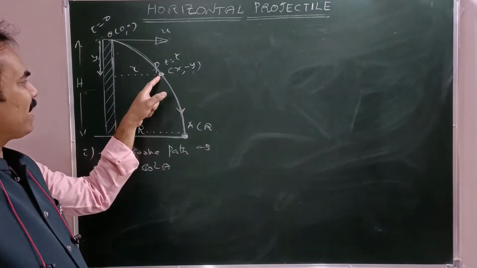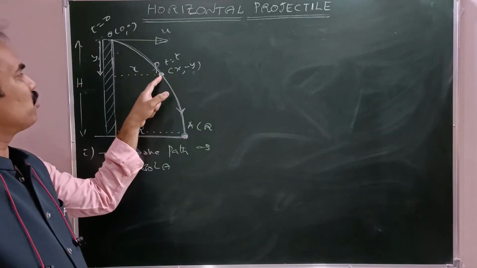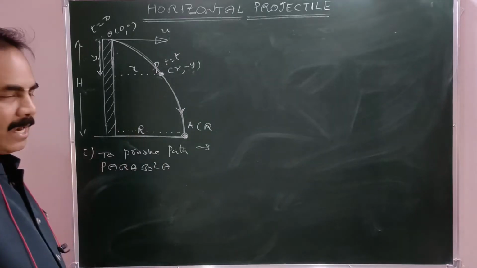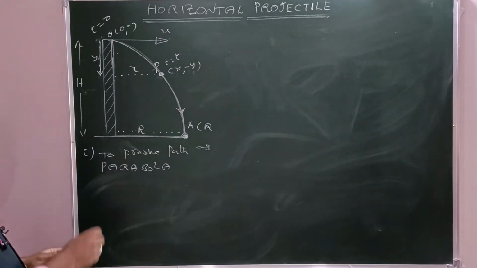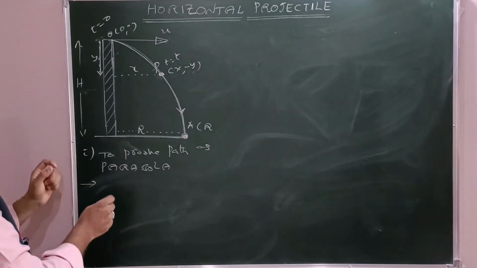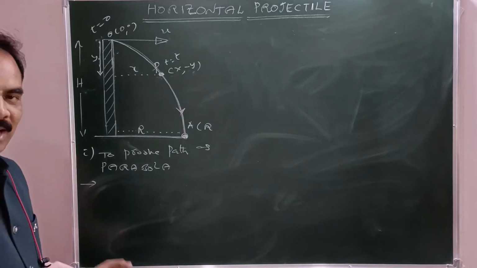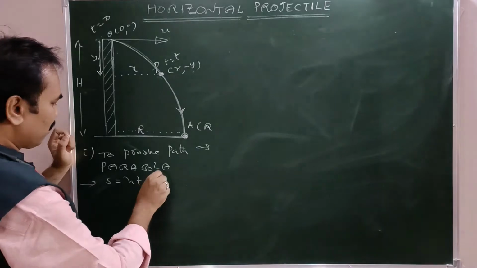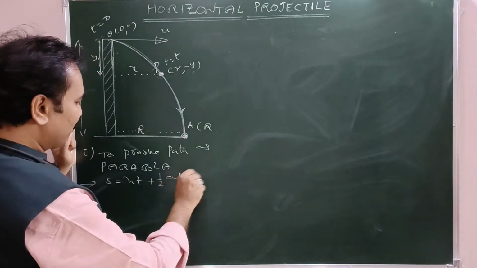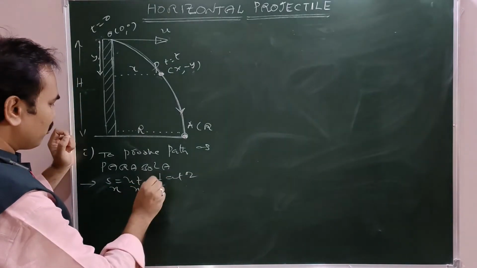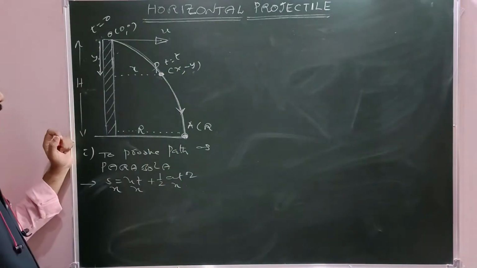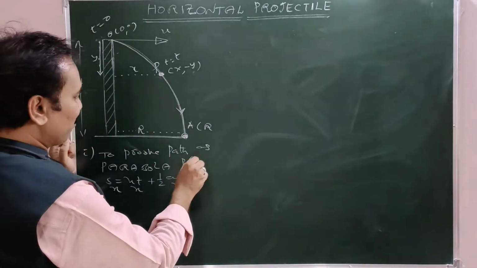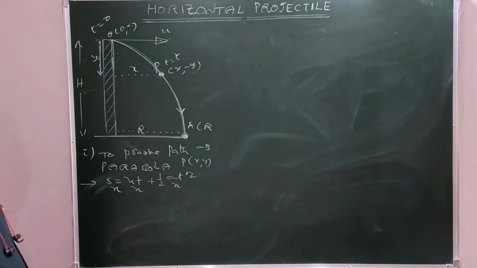The time taken by the particle to reach this position is t. Here it is t equal to 0, here it is time t equal to t. Right? Now I am taking s equal to ut plus half at square along x-axis, that is sx, ux, ax, for point P x comma y.